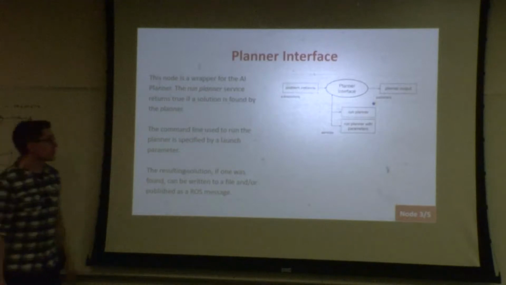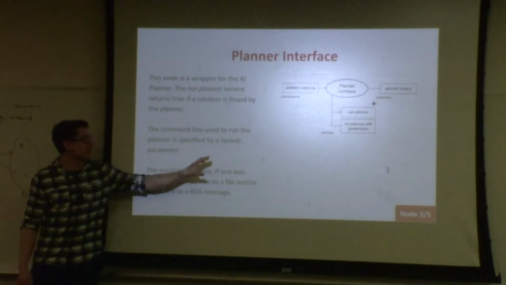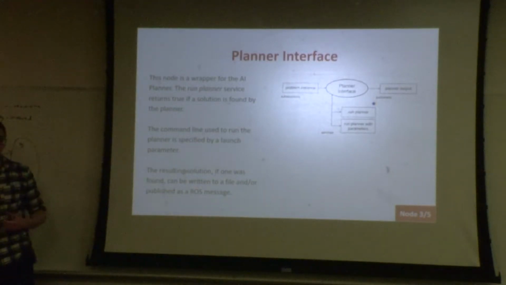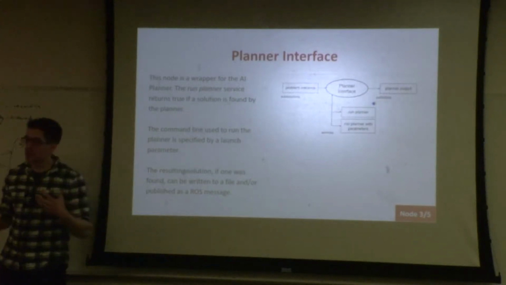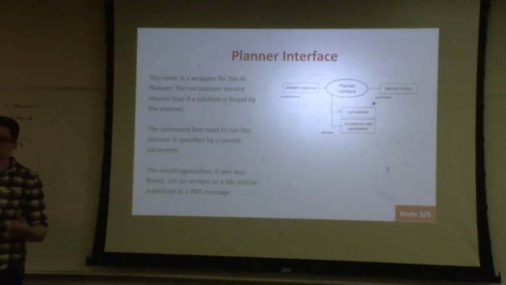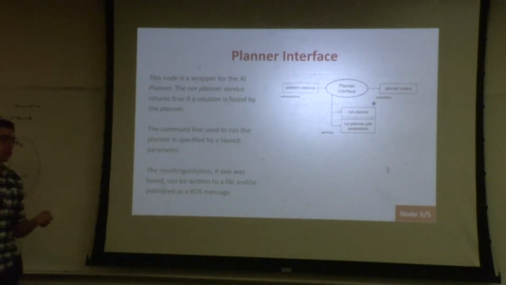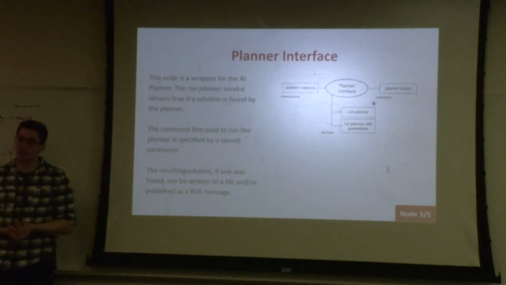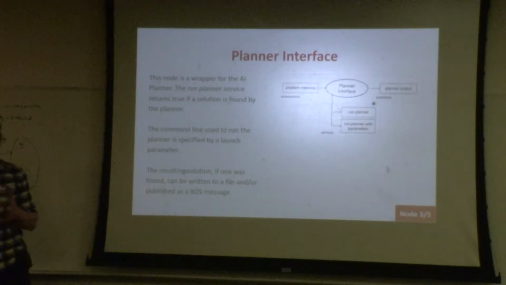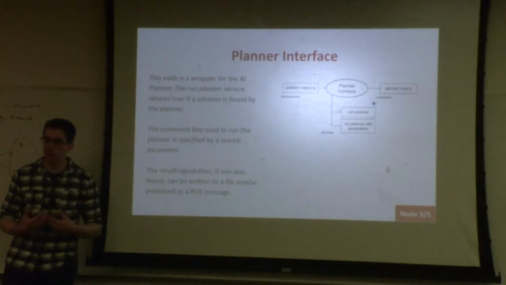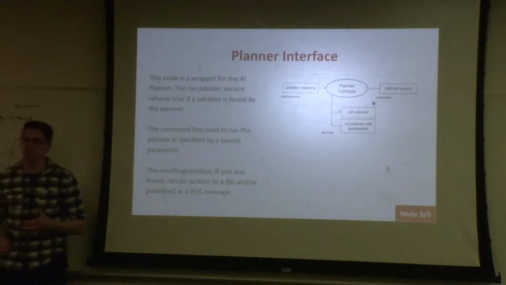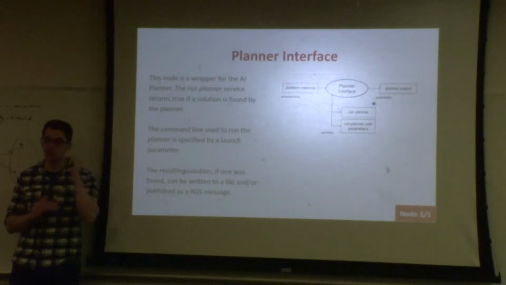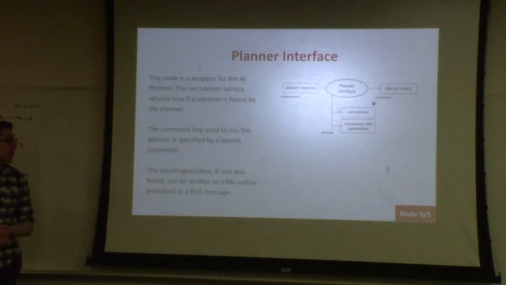Okay. Another mundane node is the interface to the planner. This is just a ROS node which wraps around a planner to parse your domain and your problem, to call the planner with the necessary arguments, and then to publish the output from the planner. And we attempt to publish this in the IPC format of just the plan in a string form.